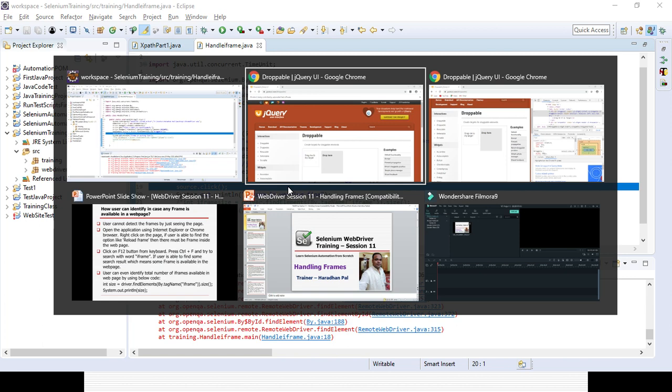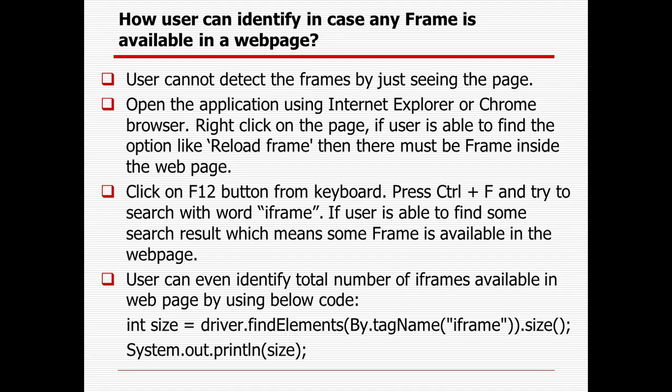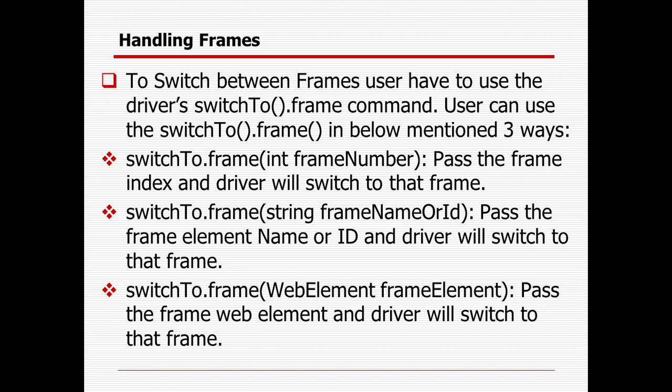Okay, so how can we handle the frame? To switch between frames, the user has to use the driver switchTo dot frame command. The user can use switchTo dot frame in the below mentioned 3 ways. First, if we know the frame number, we can switch using the integer frame index. Okay, and if we know the frame name or id, we can pass that particular string, right?